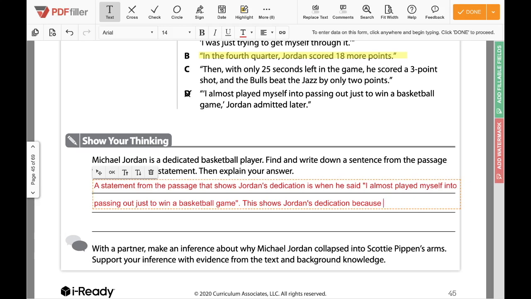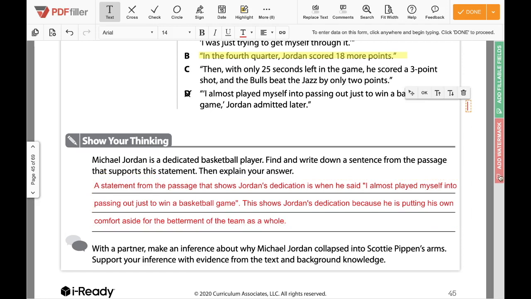So this shows Jordan's dedication because he is putting his own comfort aside for the betterment of the team as a whole. So he's looking more for the team as a whole rather than just himself.